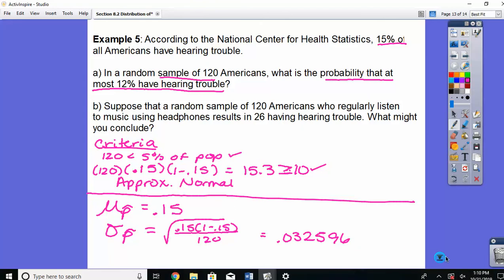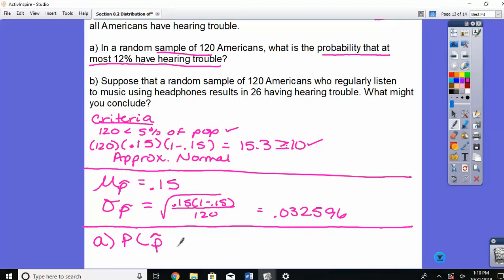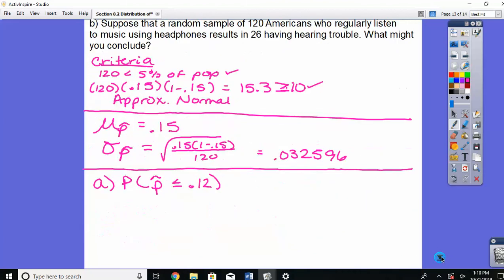So now, this was all just the legwork, so I can actually do part A. Part A, I want the probability that at most 12%, so that's my p hat, because I'm talking about a proportion. At most means the probability that p hat is less than or equal to 0.12.